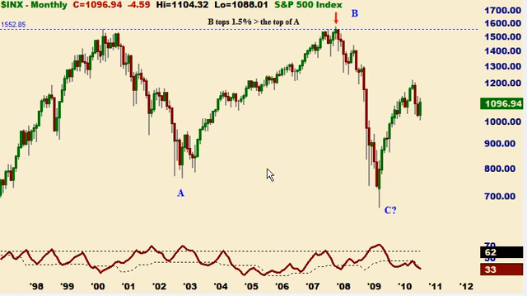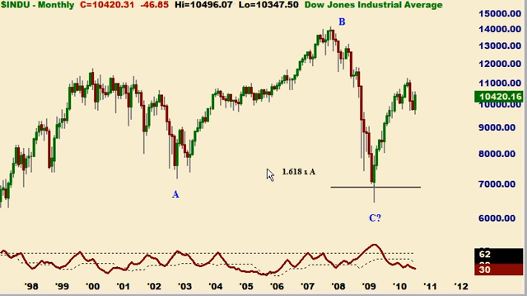Okay, so now let's take a look at the Dow. Okay, here's the monthly Dow. Now, the Dow, on the other hand, did go substantially above the top of wave A. That is, B did.